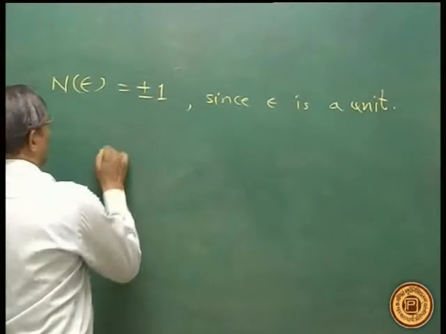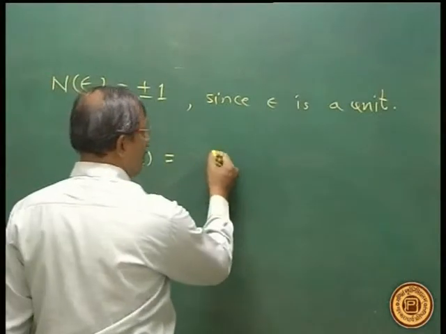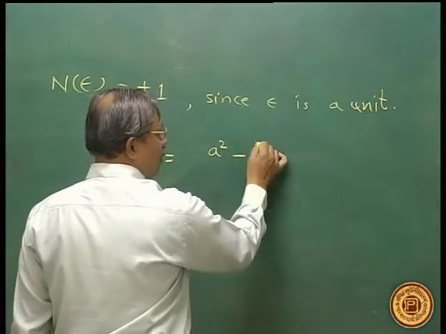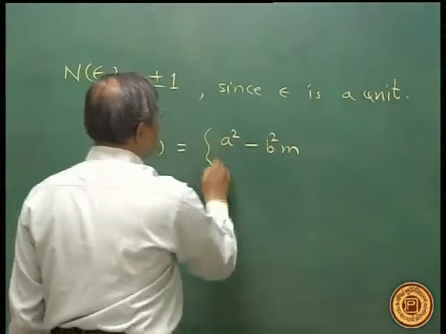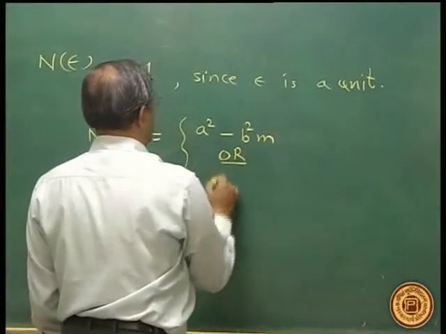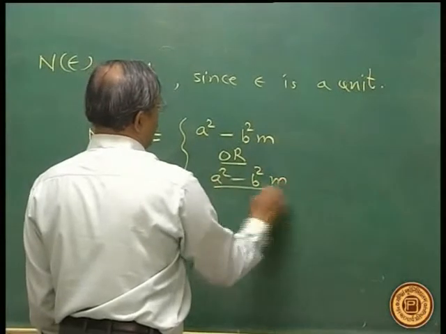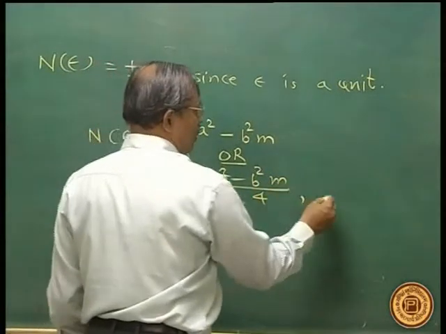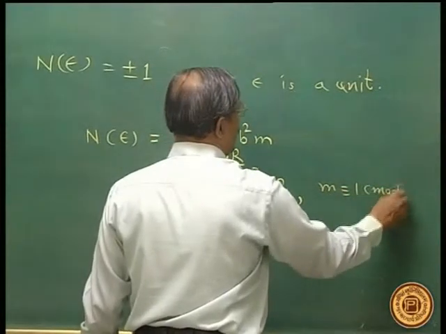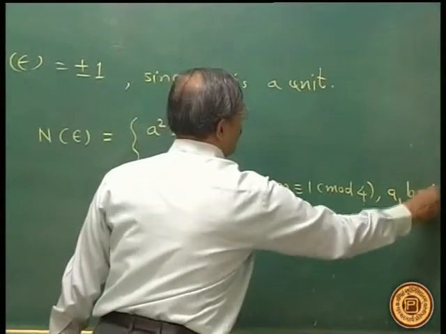So norm of epsilon is a square minus b square m, or a square minus b square m divided by 4 for m congruent to 1 mod 4, a, b odd.